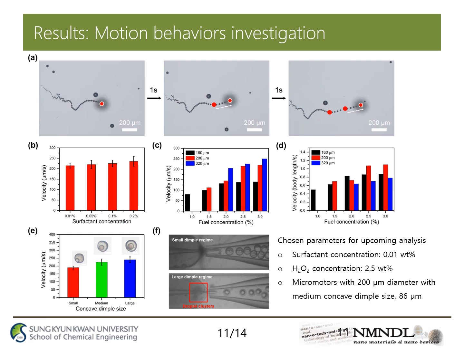Hydrogen peroxide concentration is chosen as 2.5 weight percent, and a micromotor with 200 micrometer diameter with a concave dimple size of 86 micrometer. All these are the key parameters for the upcoming experiment, as they possess the best motion behavior, aka movement speed.